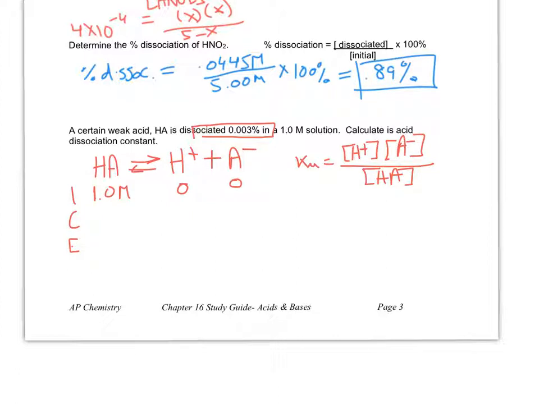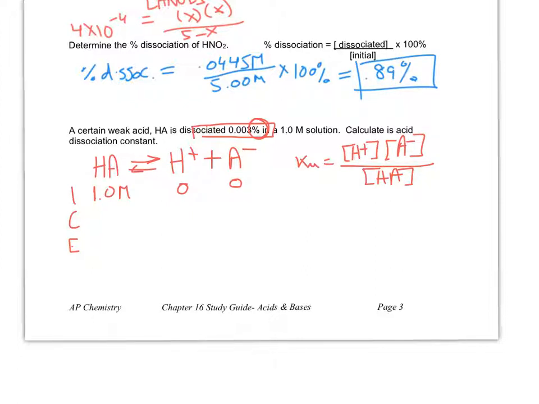So this is actually my change. That's like my x, right? But that's the percentage. You've got to change it to decimal. And so it's really 0.00003 times the 1 molar, which is 0.00003, right? Because that's percentage. You've got to change it to decimal, so you divide by 100.